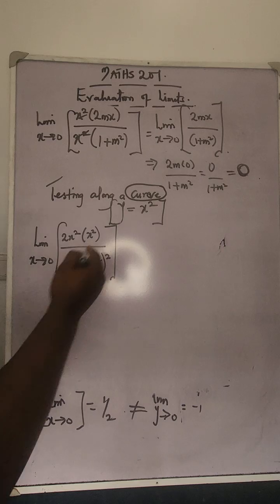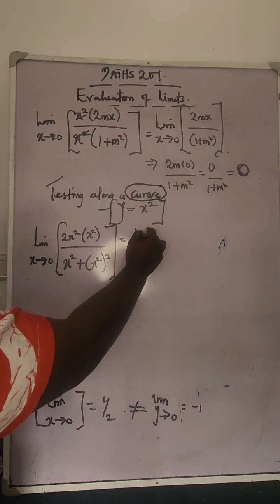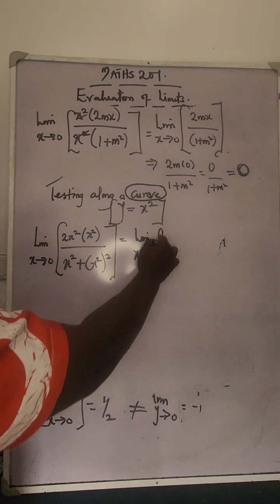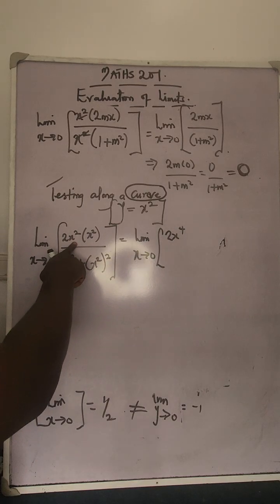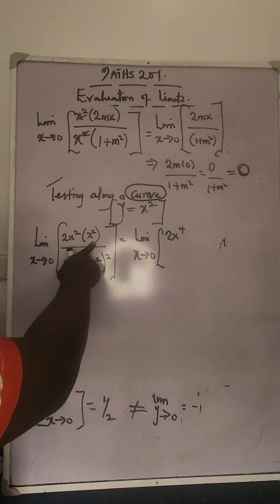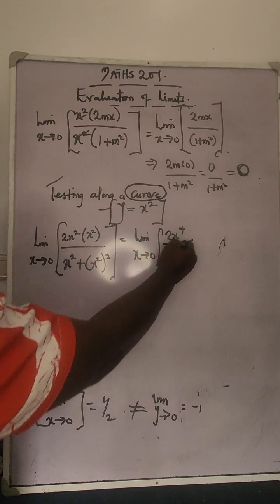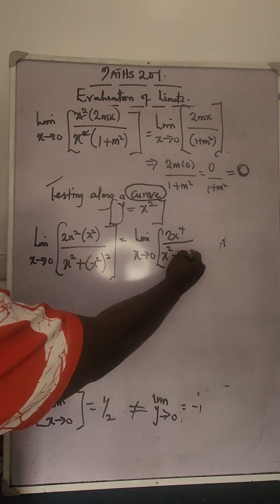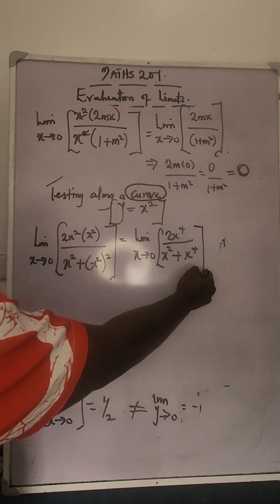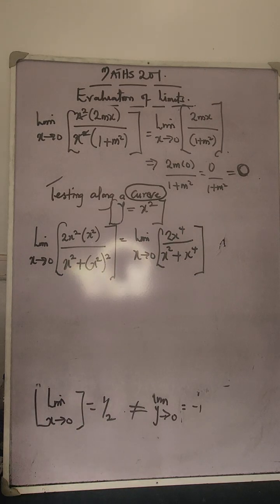What we have now is the limit as x approaches 0 of the function 2x to the power of 4. x squared times x squared is x to the power of 4, over x squared plus x to the power of 4. Is that clear?